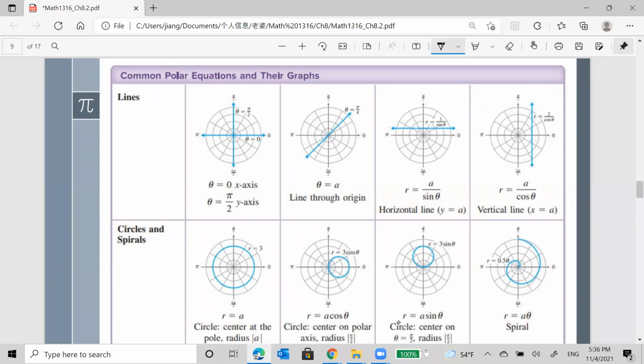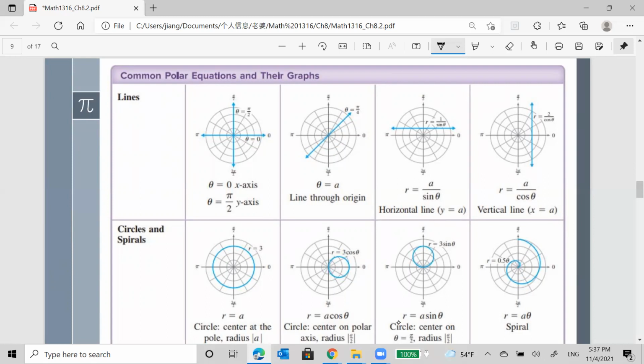Whatever r is, the angle is always 0. This vertical line is theta equals pi/2, because the angle from here to here is pi/2, and r can be any number. So the accumulation of the points for r makes a vertical line.